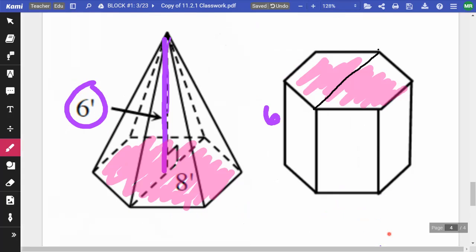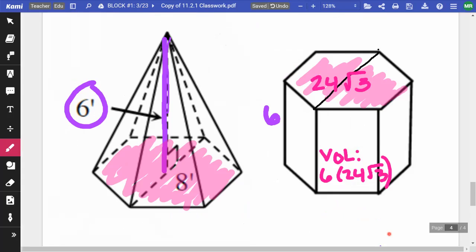I have 6 of these, so it's going to be 24 root 3. And so the volume of this would be 6 times 24 root 3.